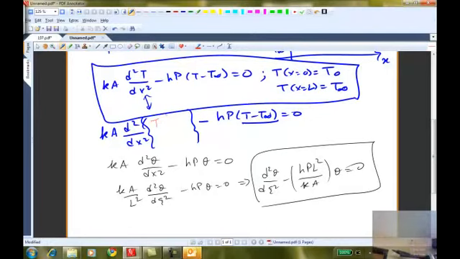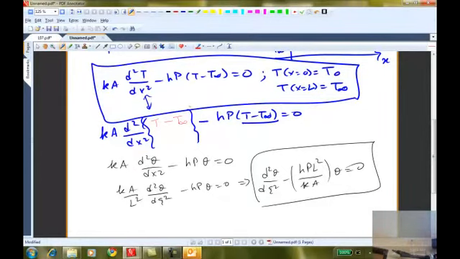So I have d squared dx squared T minus hp times T minus T infinity. The first argument I'm making is that because T infinity is a constant, I can subtract it from T, and it will not change the equation. Why? Because when I take the operator d squared dx squared on T, that gives me the first term. When I take it on minus T infinity, since T infinity is constant, the derivative is going to be 0.